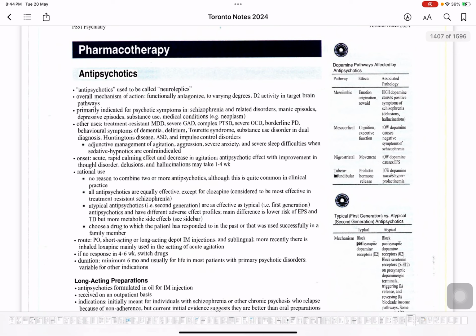The most important thing here is that you need to remember the odd one out. By odd one out, I mean Huntington's disease, Tourette syndrome, borderline PD, PTSD, OCD. Other than anxiety and depression, these are also conditions for which antipsychotics are used.